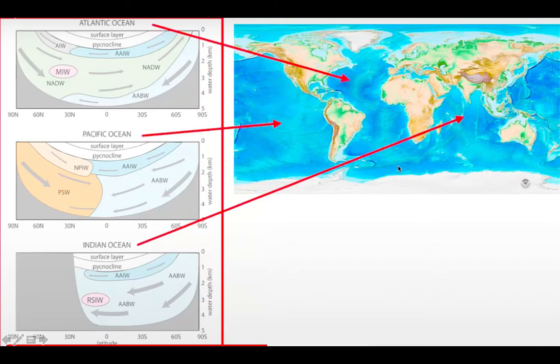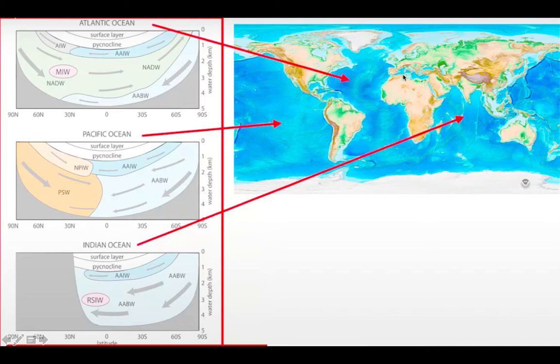Now this is your S-shaped Atlantic Ocean. Here we have the Mediterranean, and here at this point there is the Strait of Gibraltar. Now you can see that the entire Mediterranean region is surrounded by land, right? And at the same time it is close to the tropical region.